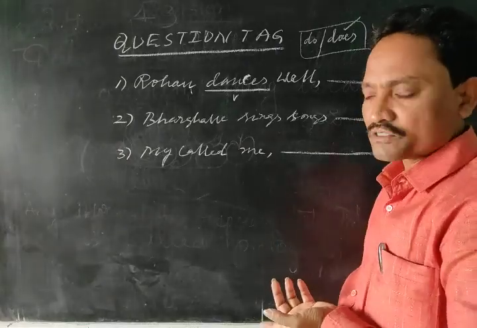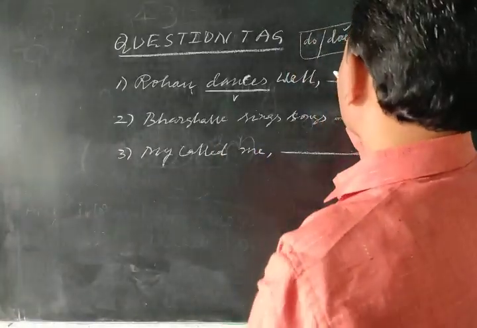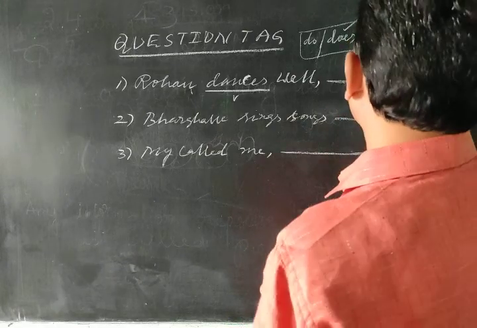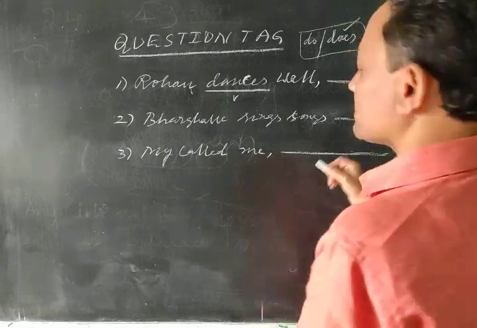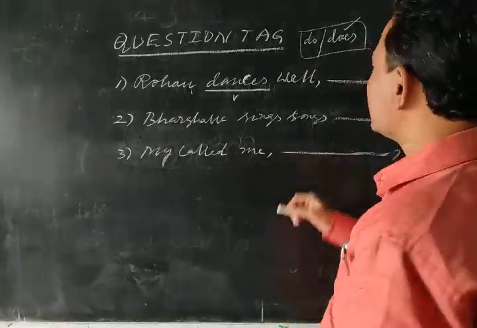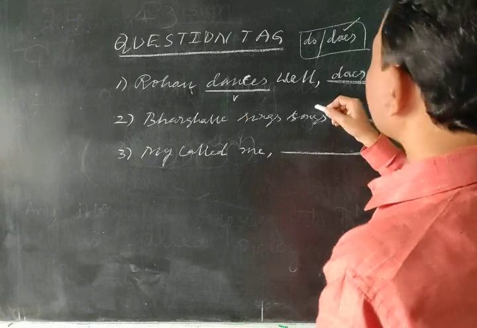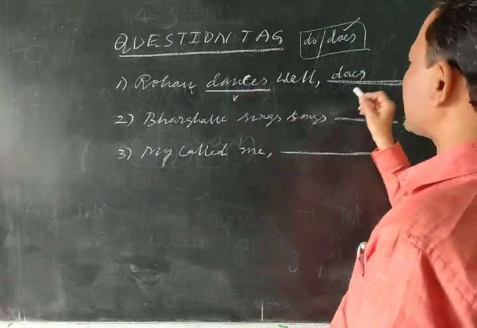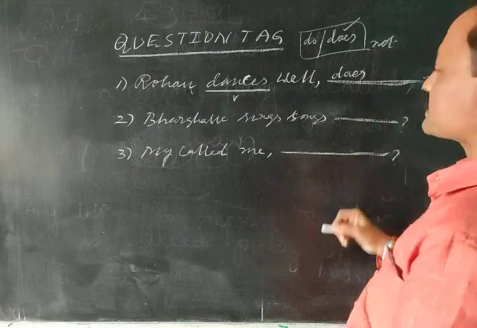For a positive statement, we need to write a negative question tag. So first of all, in writing a question tag, an auxiliary verb, that is a helping verb, is needed. So what is the auxiliary verb here? Does.